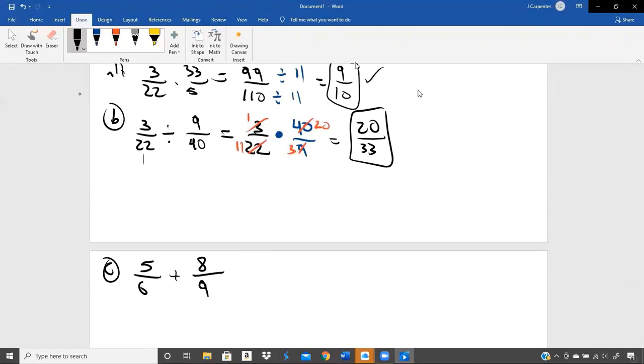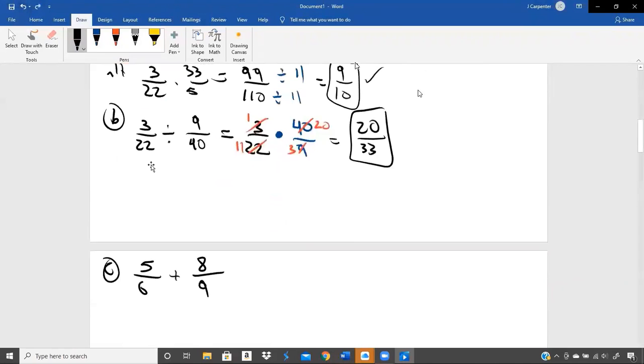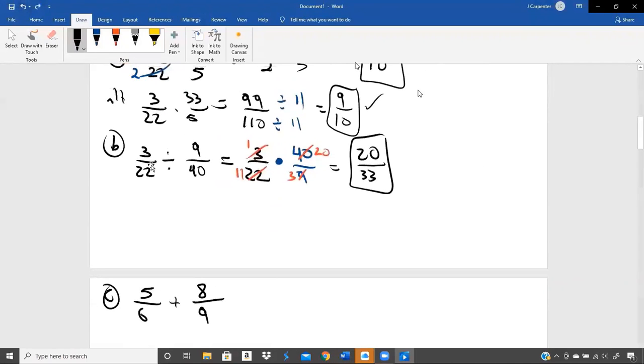All right, so this is an addition. As we stated earlier, addition and subtraction, you do need an LCD. The nice thing about adding and subtracting fractions is technically you just need a common denominator. It doesn't have to be a least common denominator.